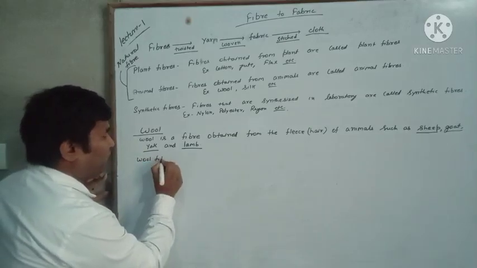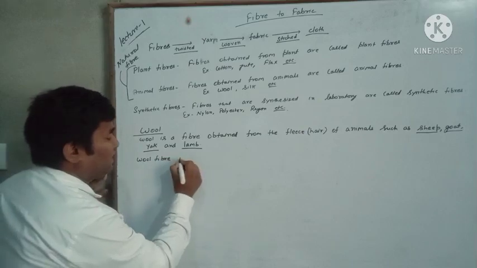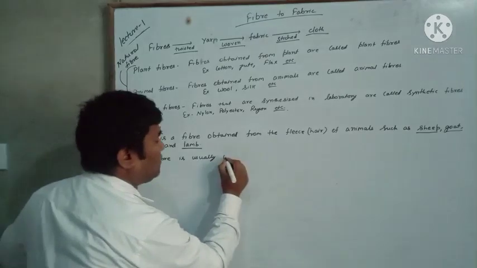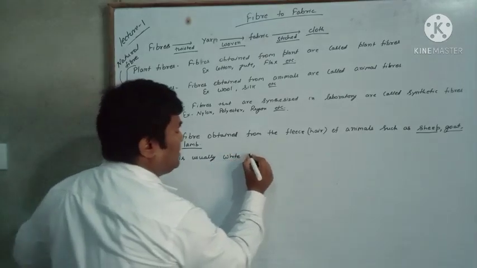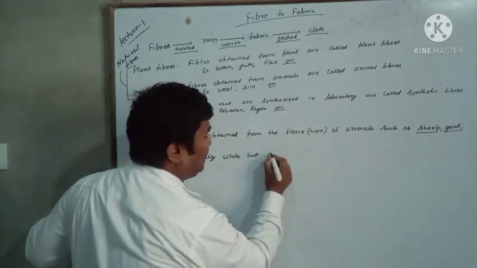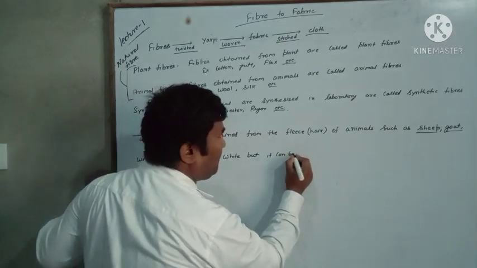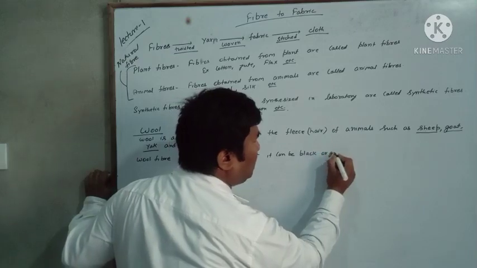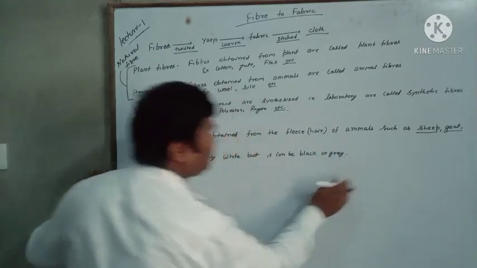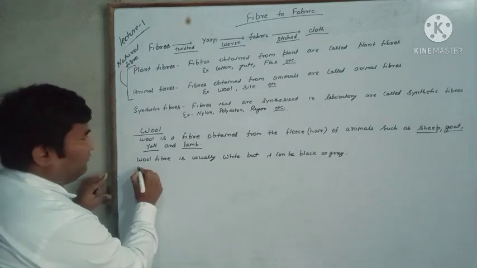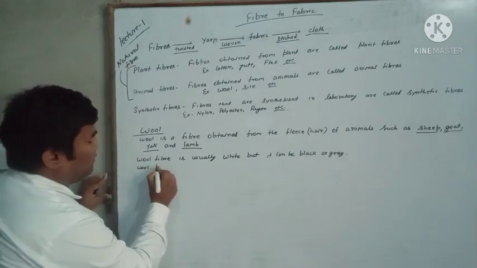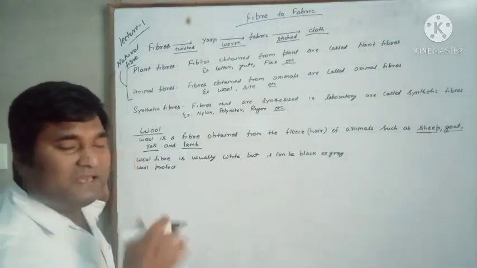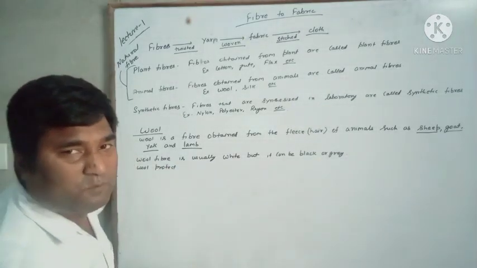Wool fiber is usually white, but it can be black or gray. Why do these animals have this thick layer of hair on their body?